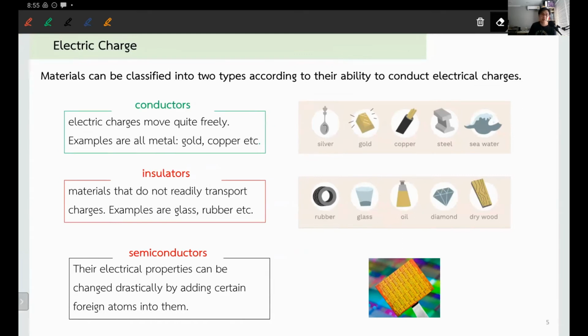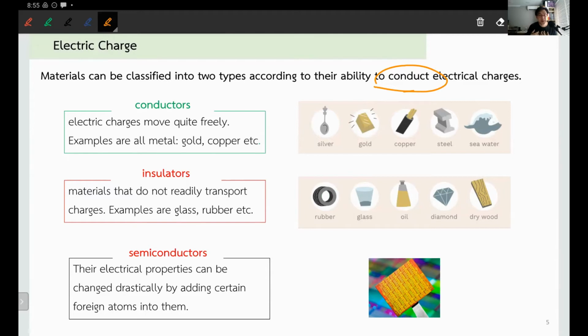All right. And if you try to classify materials into categories based on how well the material can conduct, that is another word of something electric. To conduct means how well that material allows the charged particles to travel.